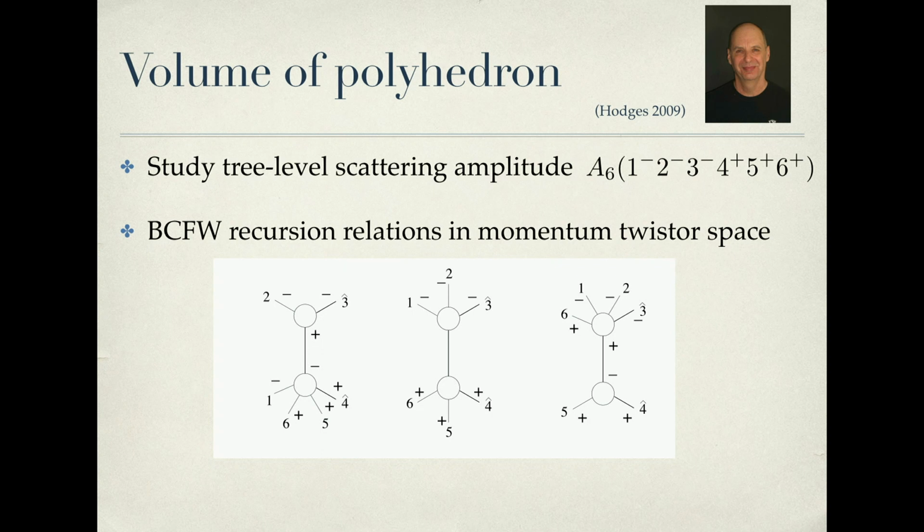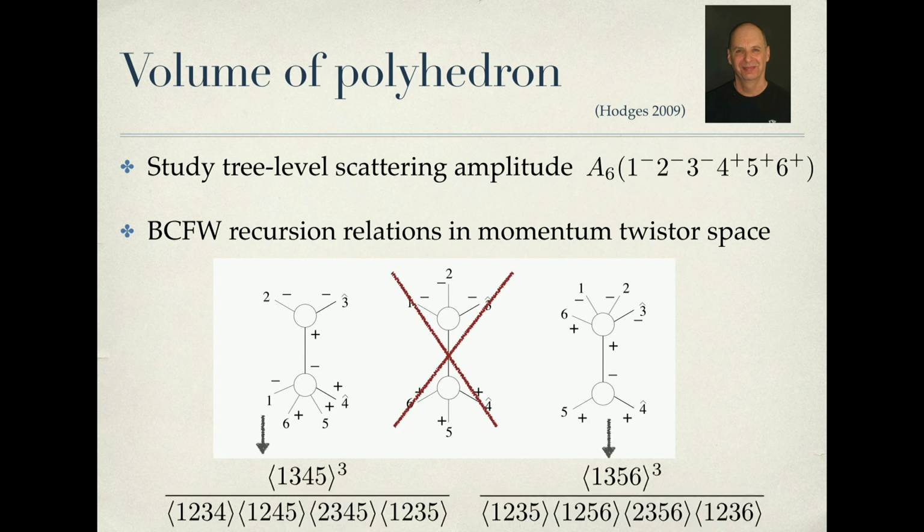But he studied that in this momentum twistor space, which is why I introduced these variables before. Let me not talk more about the calculation, but the point is that if you take this diagram, take this 5-point amplitude here, 3-point here, evaluate everything in terms of lambda, lambda tilde, and now you change the variables to these z's, to these 4-component vectors, which are projective, so they have only 3 degrees of freedom, then for this diagram you get this relatively simple-looking expression, and for that diagram you get this relatively simple-looking expression.